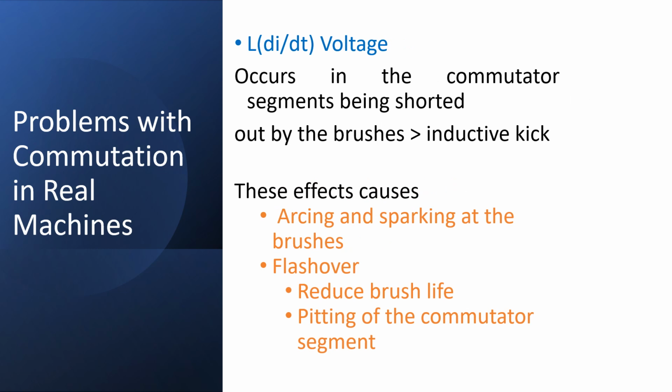Then the L di/dt voltage occurs in the commutator segments being shorted out by the brushes. The effects are arcing and sparking in the brushes. Then we also have flashover, reduced brush life, and pitting of the commutator segments.